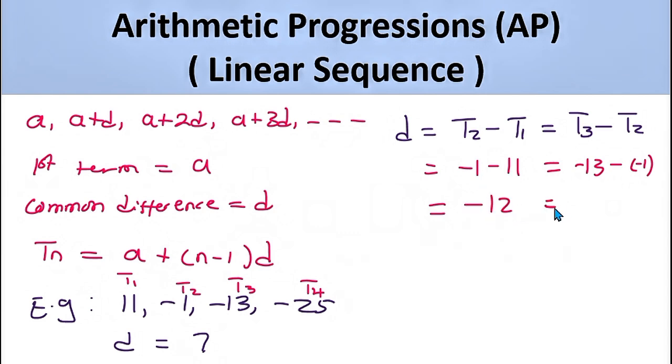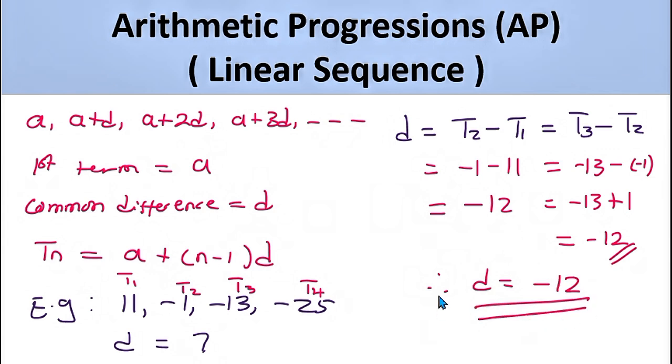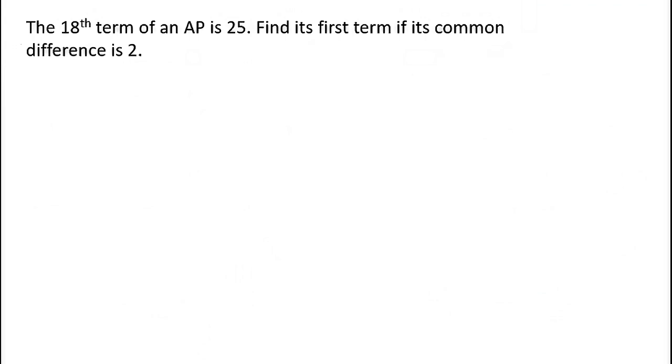And in this case, we are going to have minus 13 plus 1, and so this will give us minus 12 as well. So we can say therefore the common difference between the terms is minus 12.